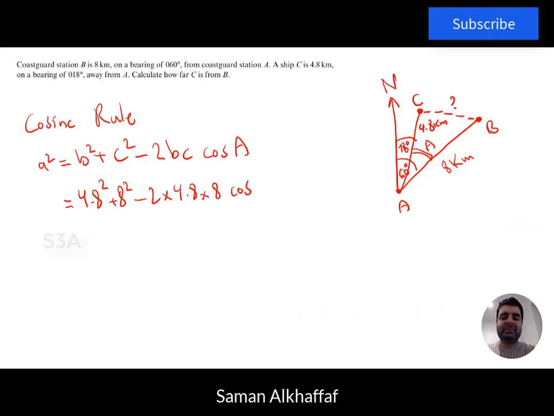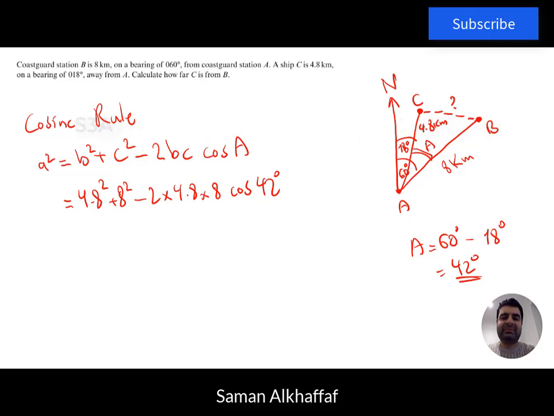The angle A will be 60 degrees take away 18, so that will give us 42 degrees.